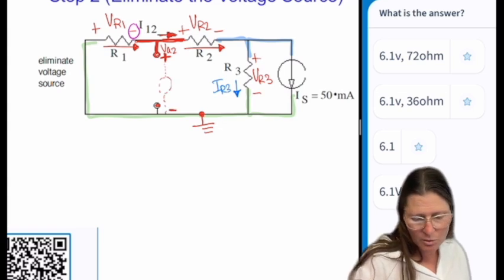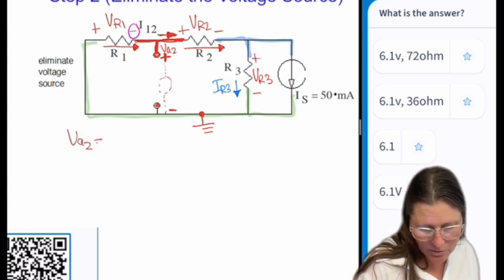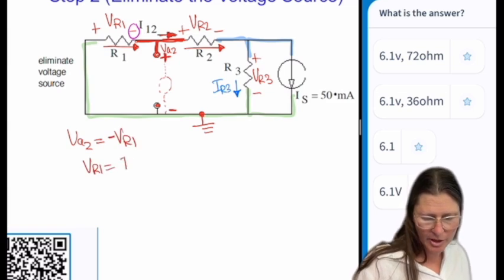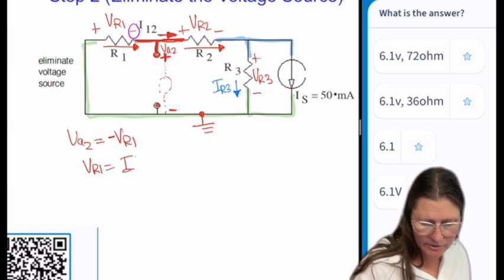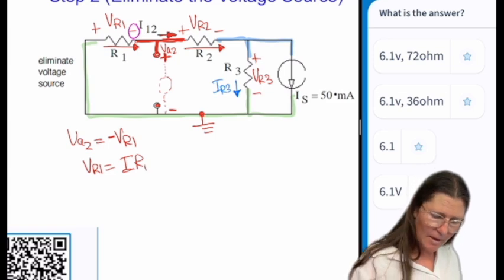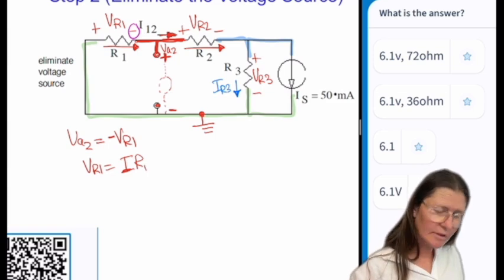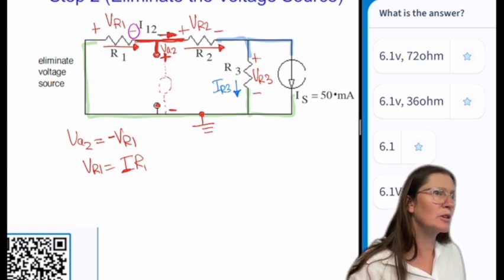So my pathway would be that VA2 is equal to A minus VR1. And VR1 using Ohm's law is going to be I times R1. So if I can find I, then I know this solution.